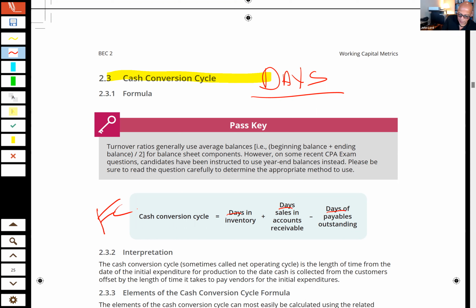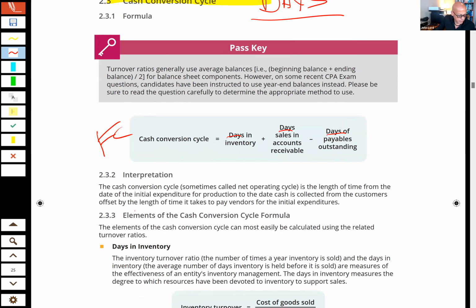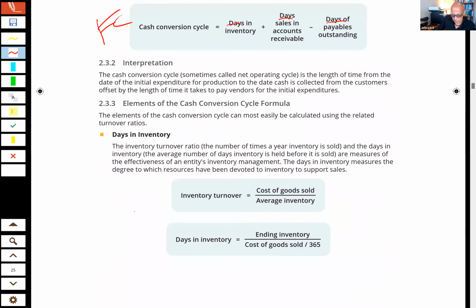And so we add the days that our items sit in inventory. We sell something on credit. So how long do we have to wait till we actually collect on that? That's measured by the days in accounts receivable. But we also have some period of time before we necessarily have to pay our bills. And so we can subtract off of that the days that we're able to have our payables outstanding.